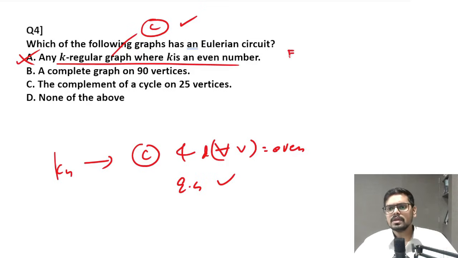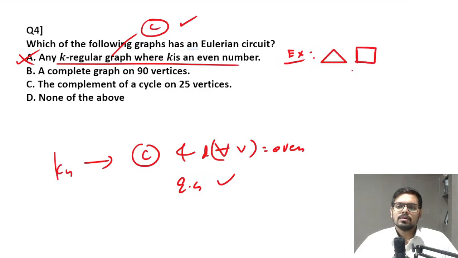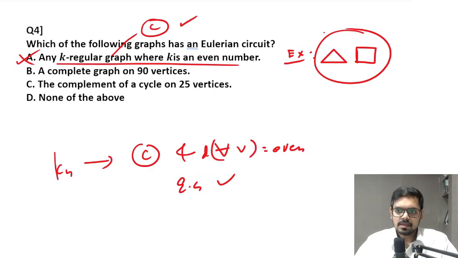Then I have this example. See, tell me, this graph, is it a K-regular graph? Yes. Why is it K-regular? Because everywhere the vertex has even degree. Yes, 2, 2, 2. So even degree, still it's not Eulerian. Why not Eulerian?